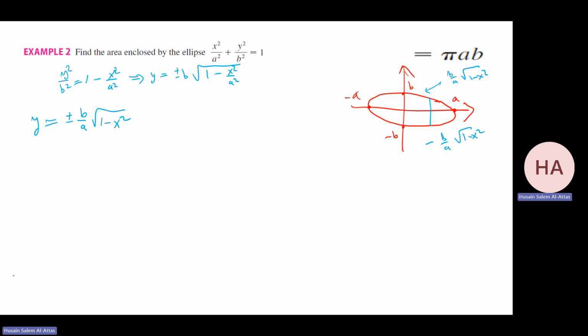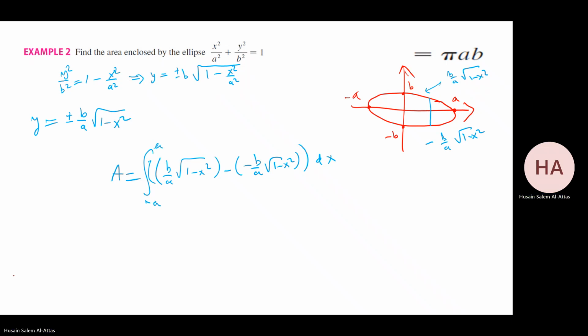So what will be the area? It will be the upper one minus the lower one. I have the integral of b over a square root of a square minus x square minus the lower one, dx, from minus a to a. That will be 2b over a, take it outside.